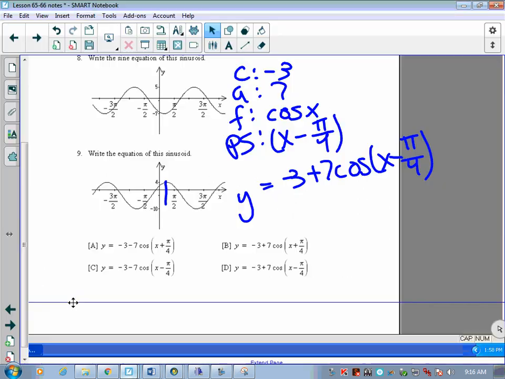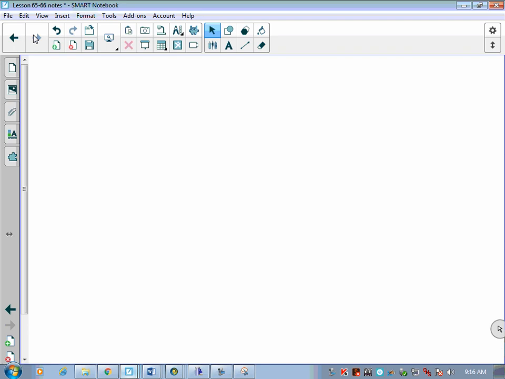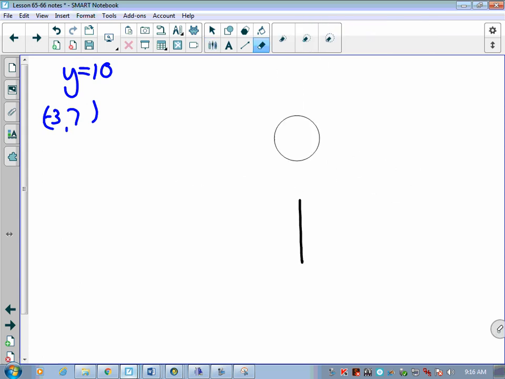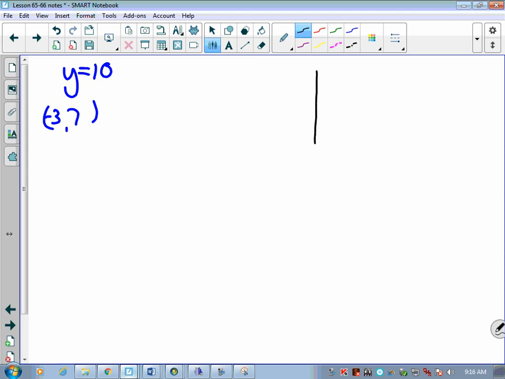I'm going to come over here. We want to reflect it across the line y equals 10, right? And what's my coordinate? -3, 7. Okay? Actually, I'm going to have to do this a little differently.